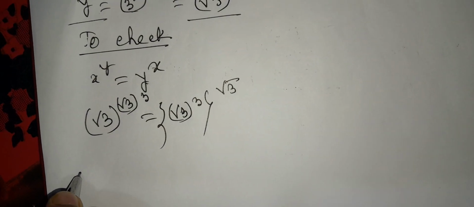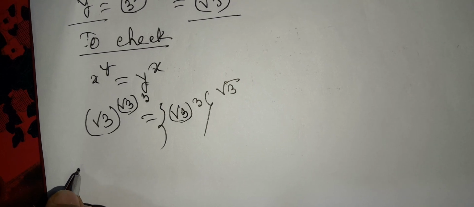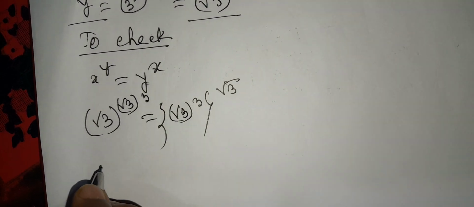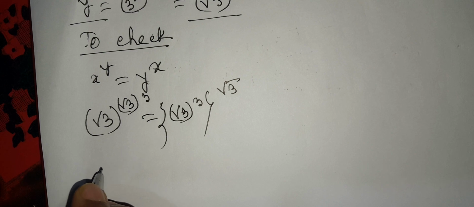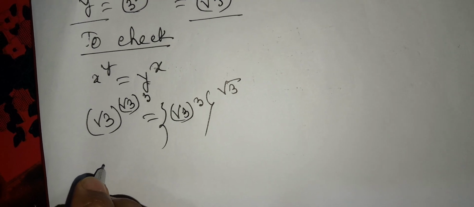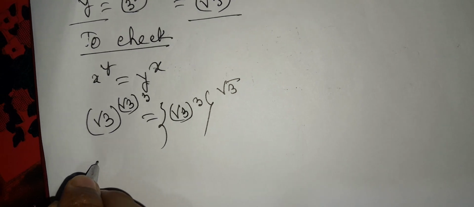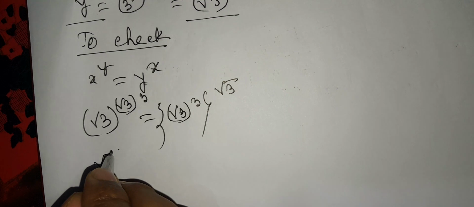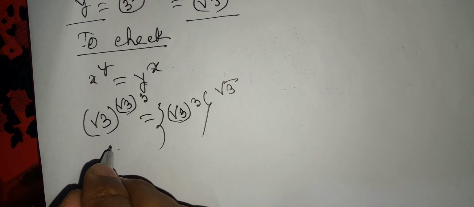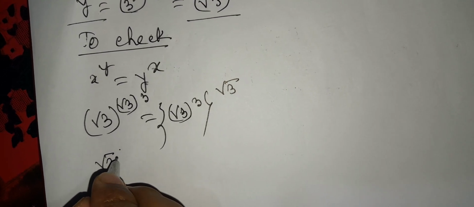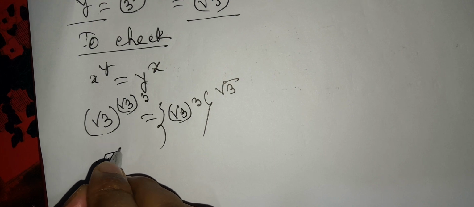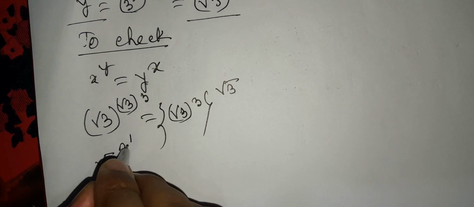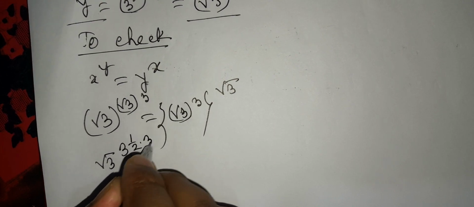We can write root 3 to the power root 3 all cube. It is 3 half and 3.